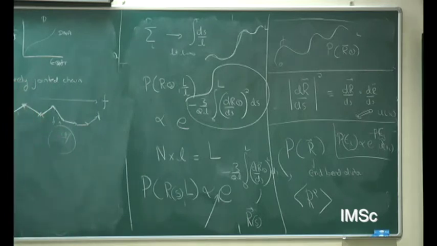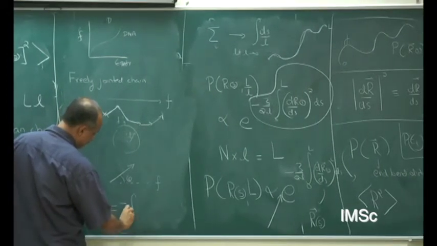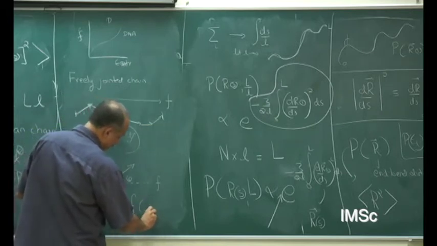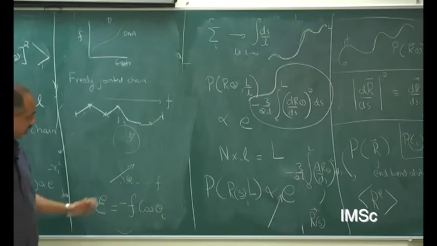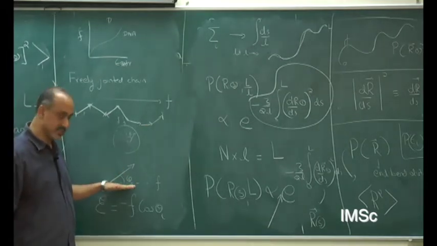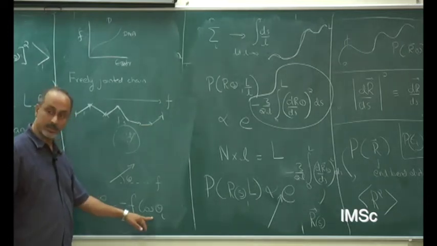Okay, so now let's try and understand what happens when we take a vector here. This is at an angle theta to some direction where the force is being applied. So let me write down the energy to be minus the force times the cosine of theta i. When this is perfectly aligned, it is the lowest energy, minus f, because theta equal to 0 is cos theta equal to 1.